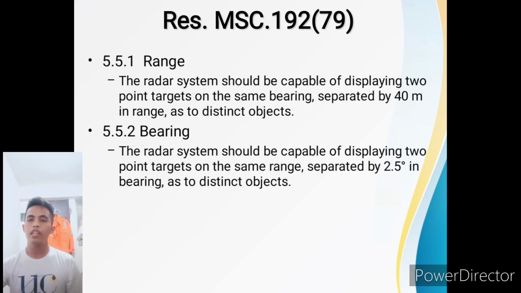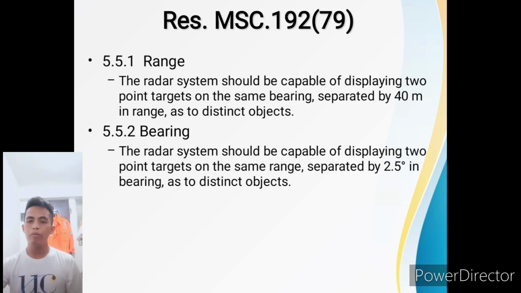So the next that I will discuss is the resolution MSC 192(79). The range: the radar system should be capable of displaying 2-point targets on the same bearing, separated by 40 meters in range, as distinct objects.